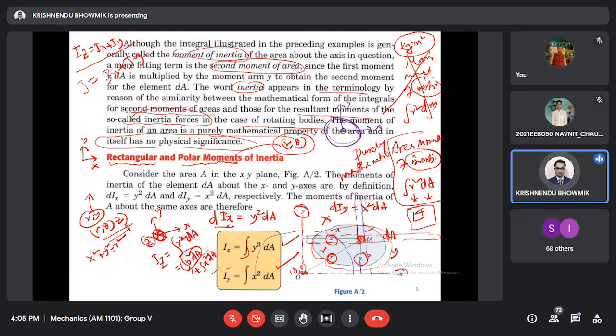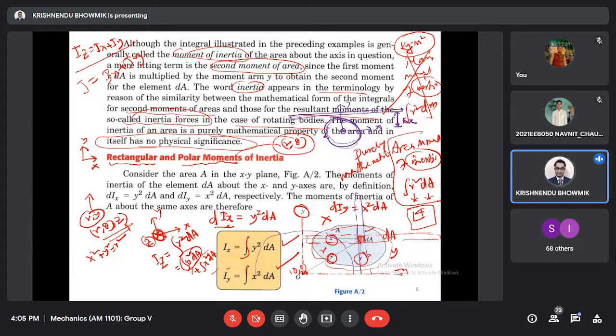So if you distribute like this with respect to the polar axis, polar coordinate, and you want to distribute this along a very small strip, same area, with some distance, say kx from the x-axis.